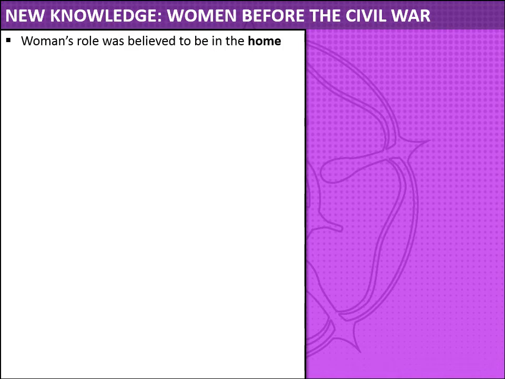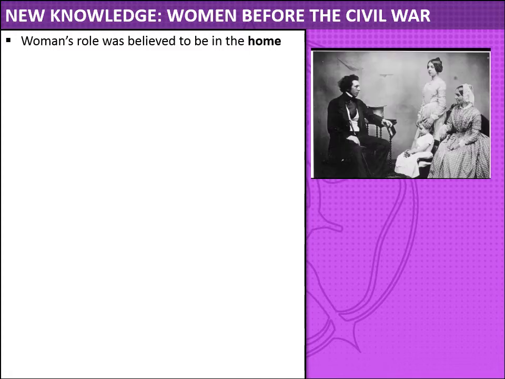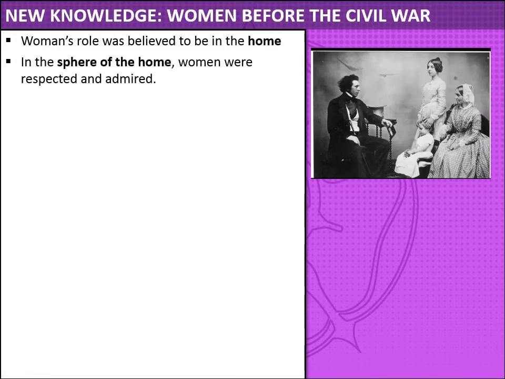So as we gathered from the starter task, a woman's role in America was believed to be in the home, and that was quite usual for the 19th century. Now the area that women apparently dominated was known as the sphere of the home.